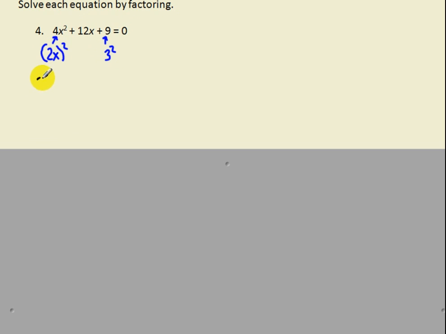So if we take 2 times 2x times 3, that's equal to 12x. And notice that is what we have in the middle here. So that tells us, we started with 4x squared plus 12x plus 9 is equal to 0. But this will factor into 2x plus 3.